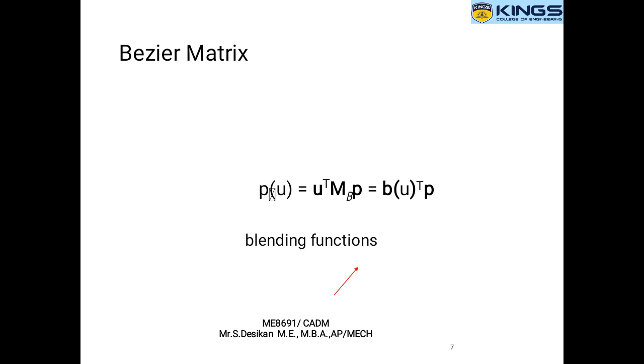Again, B is the basis surface matrix into U transpose, and it is multiplied by P. B is the bending function, blending function or basis function.